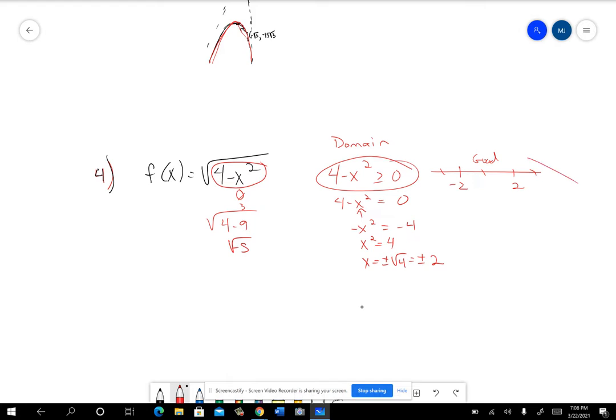So you don't get anything when you're past 2. And for a similar reason, if you put in a negative 3 right there, aren't you still going to get a 9? 4 minus 9 would still be negative, so you're not going to have anything here. So the domain is going to be in between those two. The domain is going to be from negative 2 to 2, including the endpoints. All right, so that's the domain.